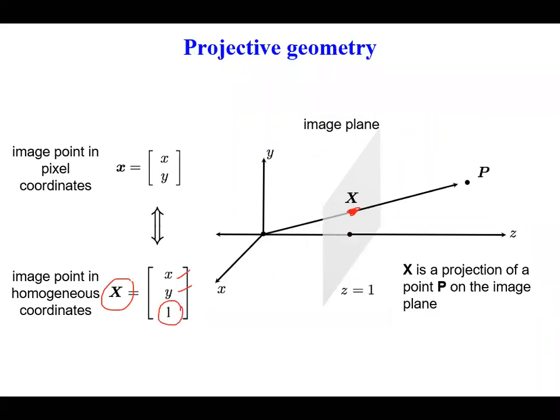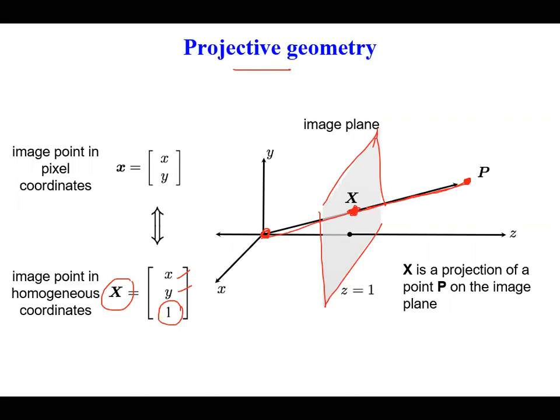As we will describe later on, using projective geometry, I can look at this point differently. This point is the projection of this point P, through the origin, intersecting with that particular image plane, correct?